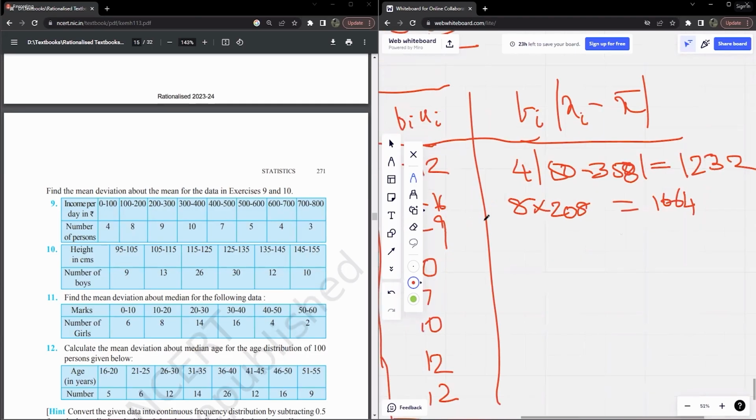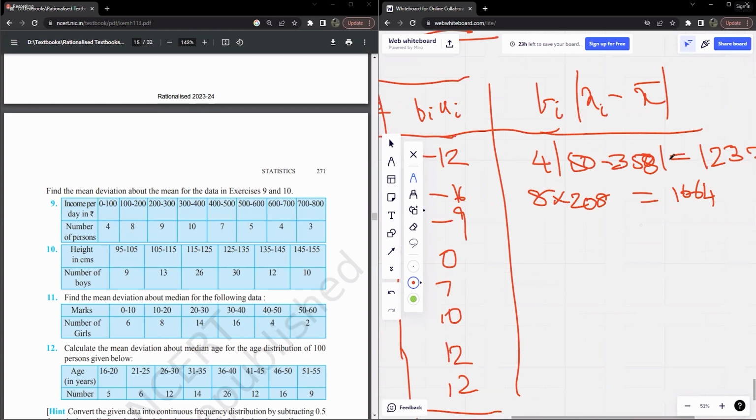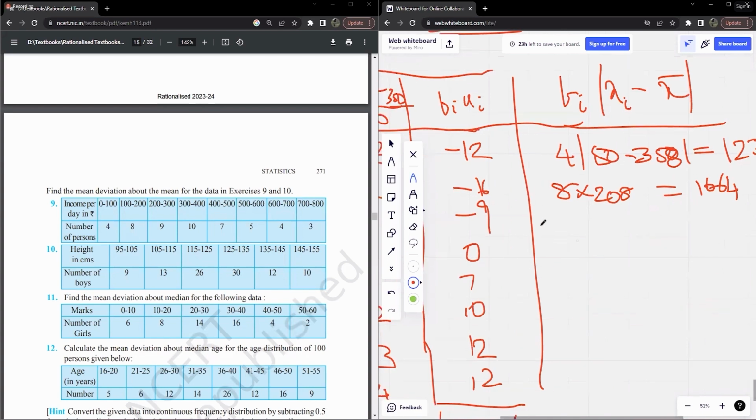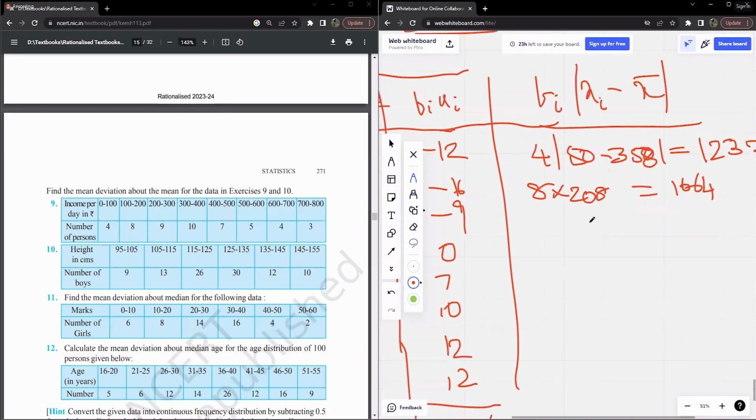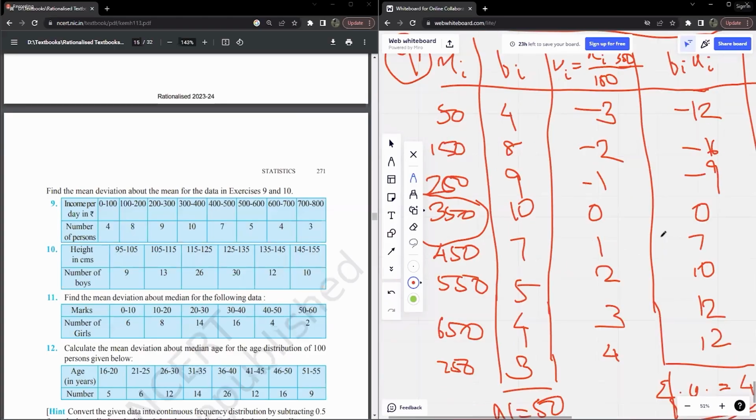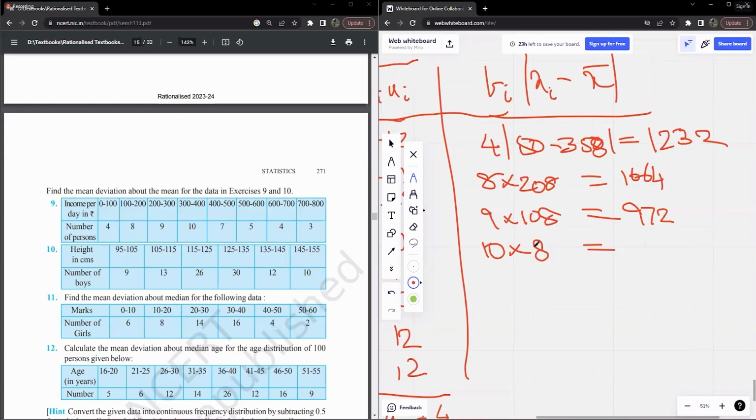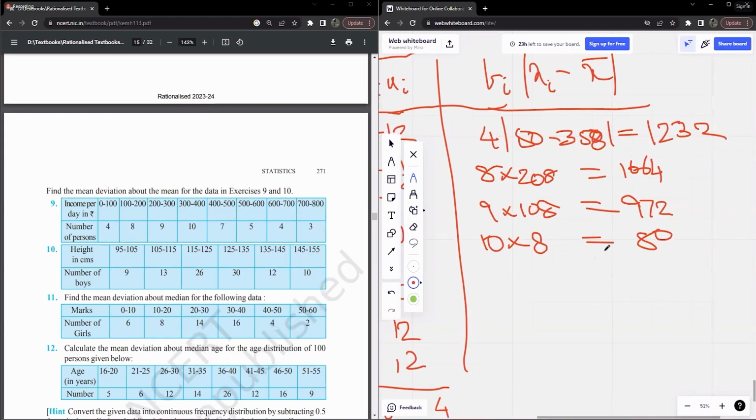Then this is going to be 9 into 250 minus 358. That is going to be 9 times 108. 9 into 108. That is going to be 972. This will be 10 times 108. That is going to be 1080. And again, this is going to be 7 times 108.